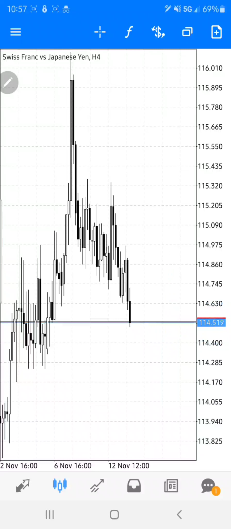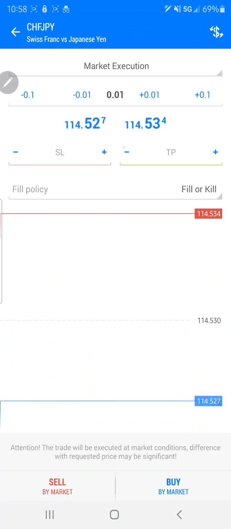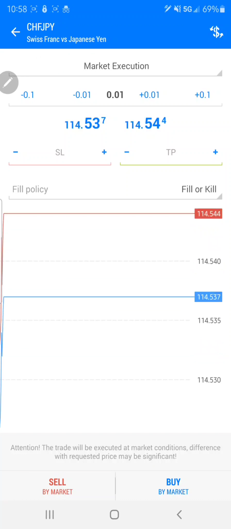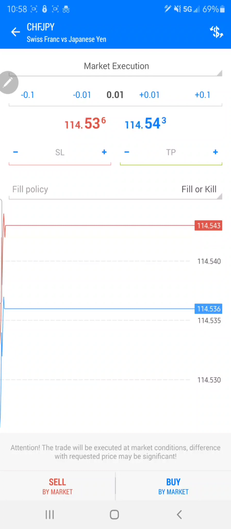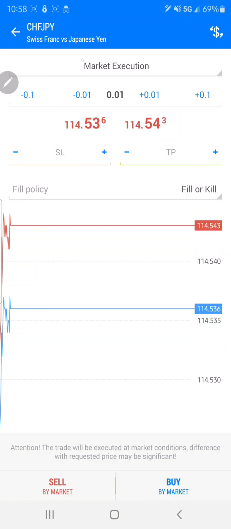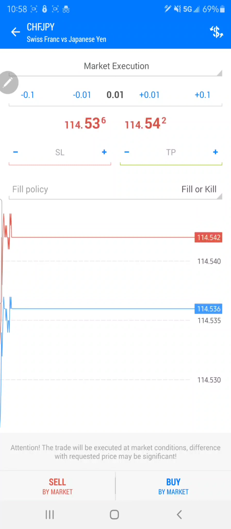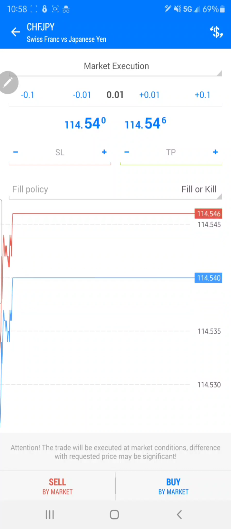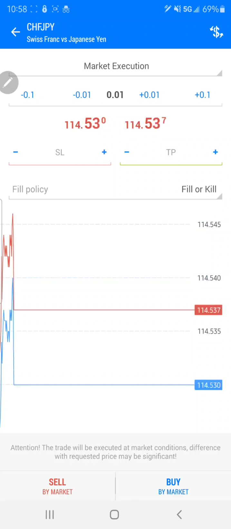So I am going to click this button that looks like a sheet of paper with a plus sign in it, and it's going to take me to a screen to actually execute the trade. If I want to get into the trade right now, I would leave it as market execution, which is how most of our trades are sent out.